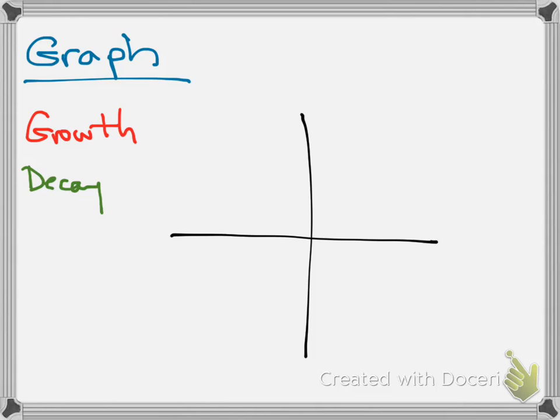So let's talk just briefly about what the graph of an exponential function would look like. There are two basic types of exponential functions. We can be talking about exponential growth or exponential decay. Any function that models exponential growth will look a bit like this.